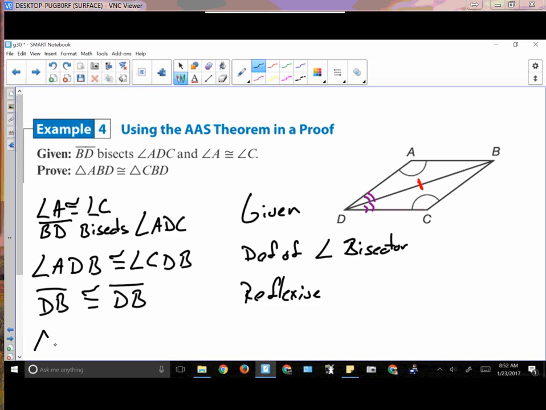And the answer is yes. I can say that triangle ABD is congruent to triangle CBD. Why? Because I have one angle, I have another angle, and a side in that particular order. So this turns out to be angle, angle, side.